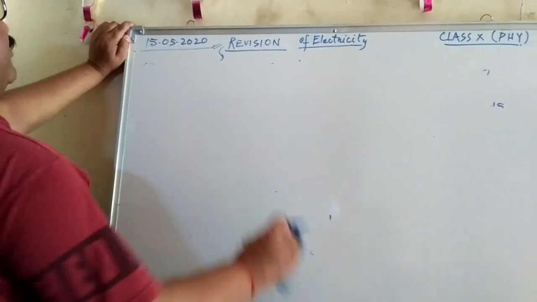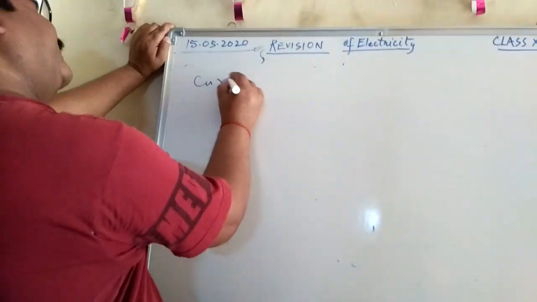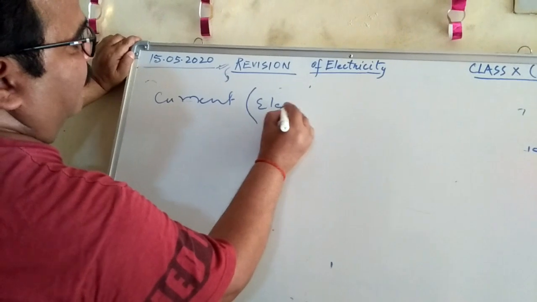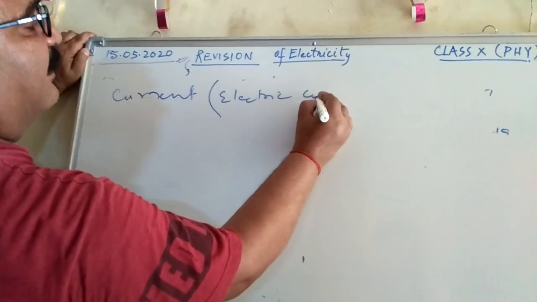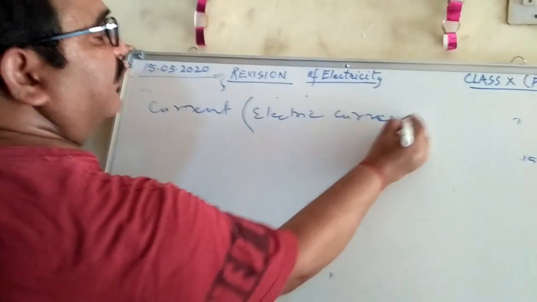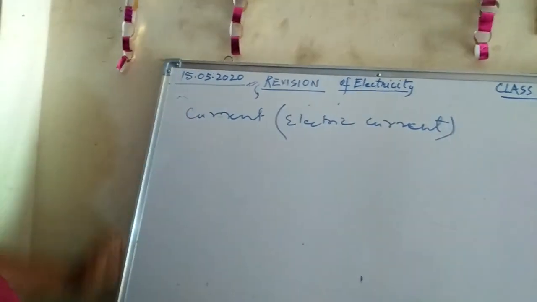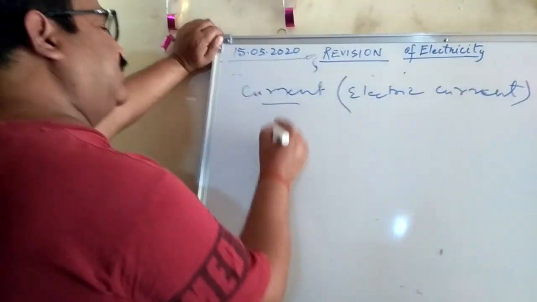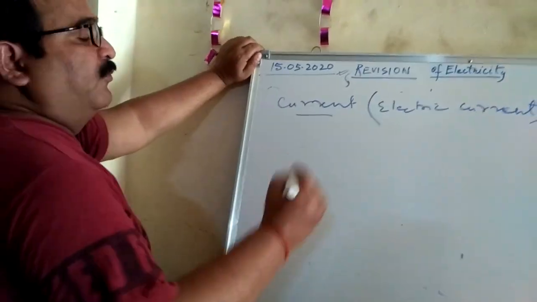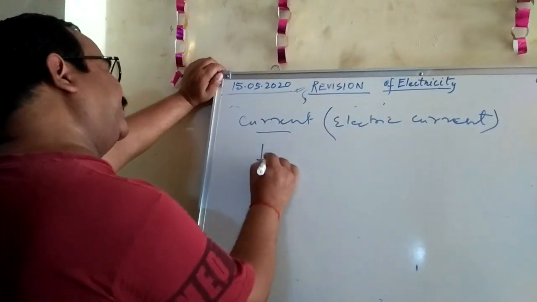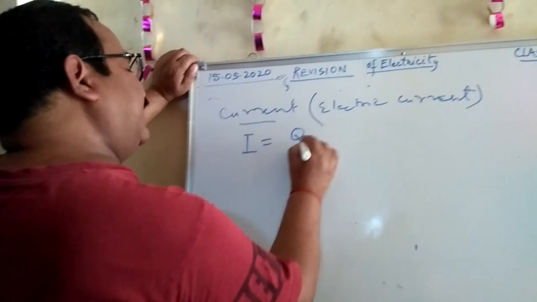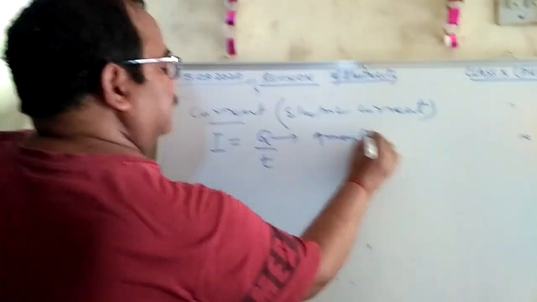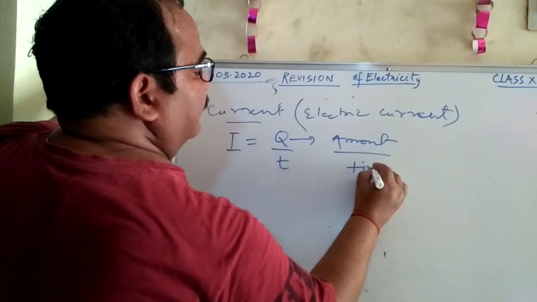Now we come to a topic called current, or electric current. Electric current is a flow of charge, a flow of electrons, and it can be represented by I is equal to Q by T, where Q is the amount of charge and T is the time.